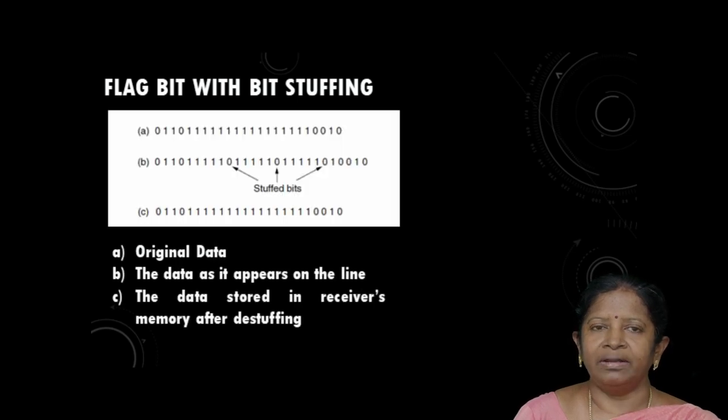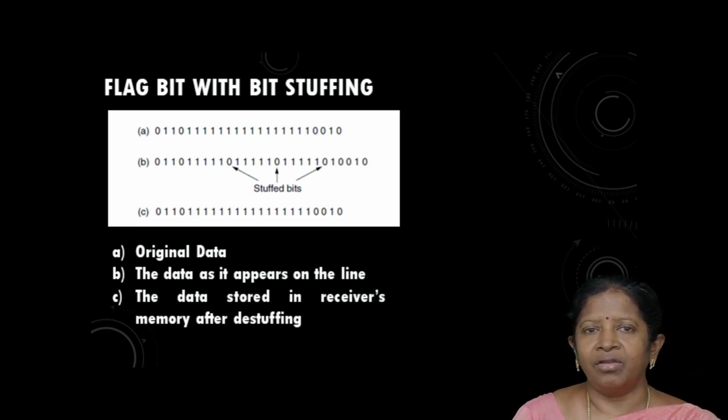One more method can also be used. Here we have the example of flag bits with bit stuffing. We have the original data, we have the stuffed data, and then on the receiver side how it is correctly interpreted.